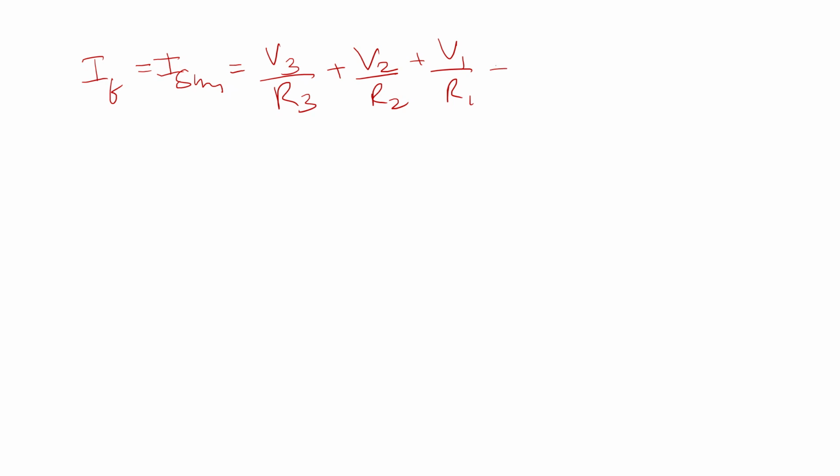This is a 4-bit DAC with binary weighted inputs. The operational amplifier here is a summing amplifier and produces an output that is a weighted sum of the input voltages. I sum is the summation of all the currents in the resistors flowing through the feedback resistor RF. In the previous slide we discussed the value of IF, which is V3 by R3 plus V2 by R2 plus V1 by R1 plus V0 by R0.